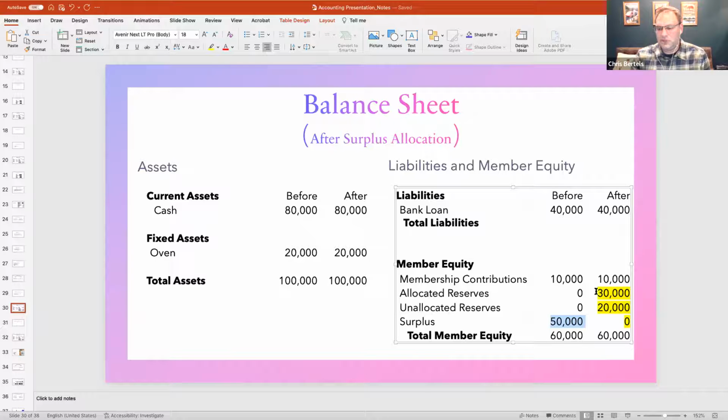Just on the financial statements, it's usually called something like allocated reserve. It's not called patronage dividend. So 30,000 of the 50 went to the members, and then the remaining 20,000 went to the co-op. That's why surplus is 0, because it was split between these two categories.